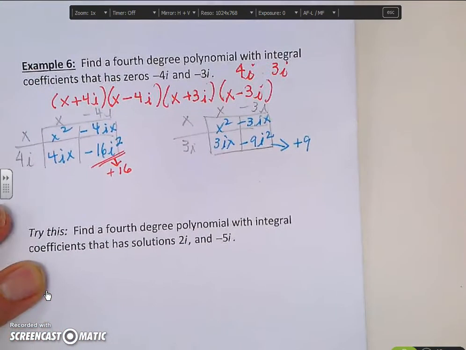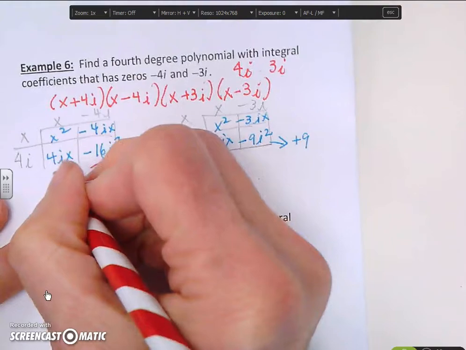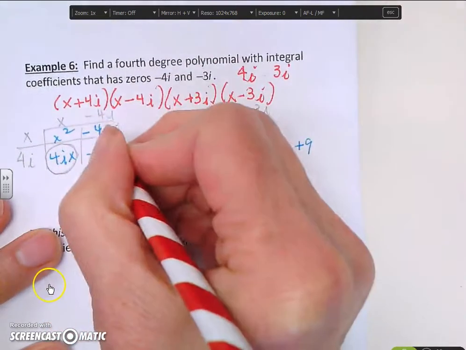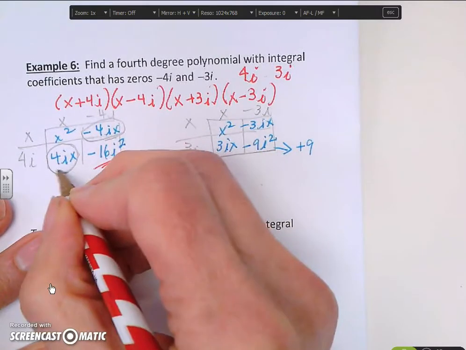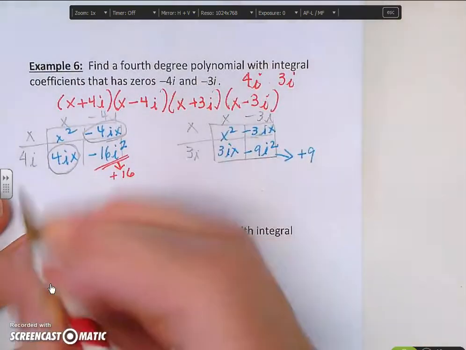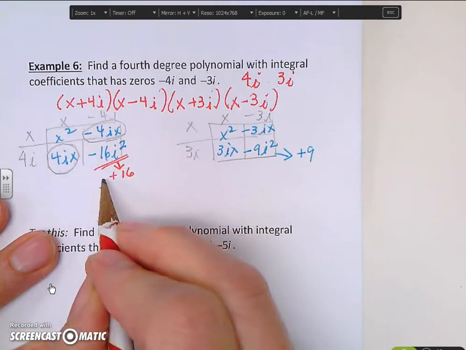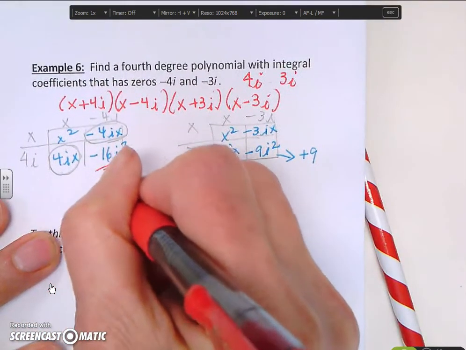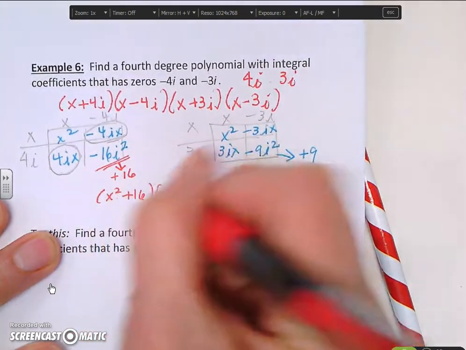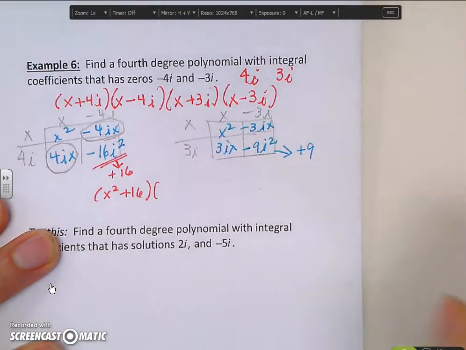All right, so as in the last problem, you see that when you're multiplying by those conjugates, the i's have a negative 4ix and a positive, so that's a 0. So here I'm going to have x squared plus 16. And over here, the same situation.